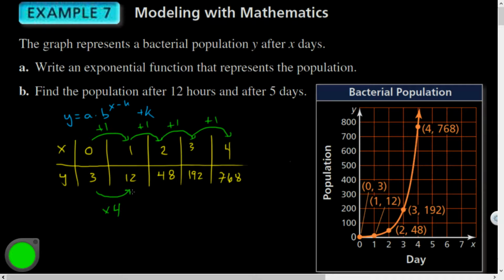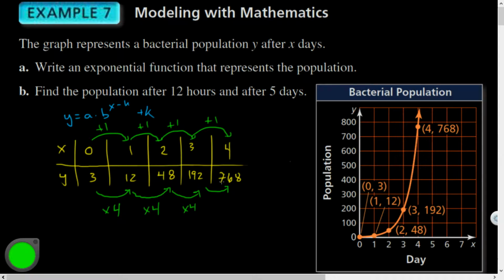Let's see if this pattern persists. Is 12 times 4 48? 4 times 10 is 40, 4 times 2 is 8, so yeah, 48. Is 48 times 4 192? Feels like it, and it is. Hooray, so it looks like we found our pattern.